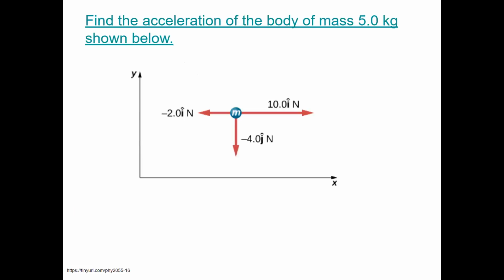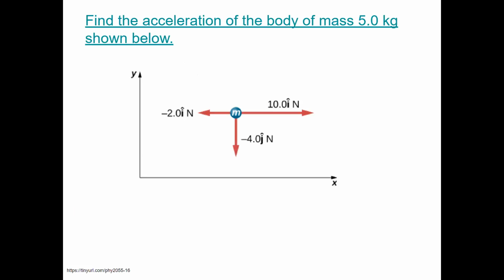Let's take a look at this exercise here. This is a two-dimensional problem, so you will just have i and j here. It says find the acceleration of the body which has a mass of 5.0 kilograms, shown in the figure below. You are going to do the x direction and then the y direction. And it says acceleration, so you can put it in two ways.